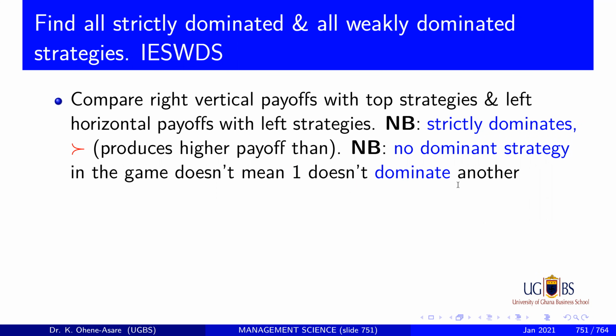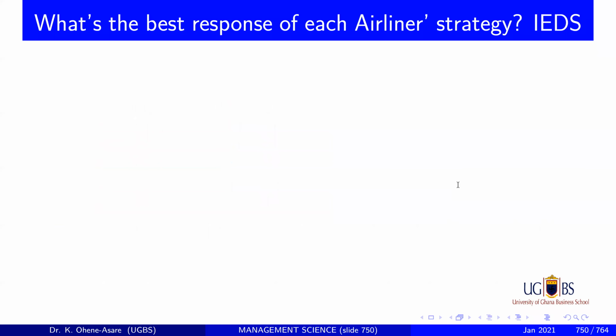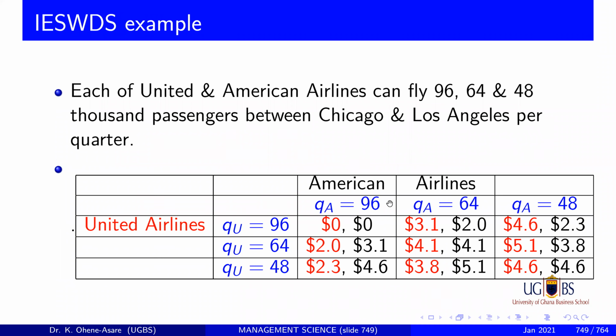So let's go back to the preamble. Now we are looking at the strategies, and this is very important, so pay attention. When you are looking at United, let's talk about United strategy 96.